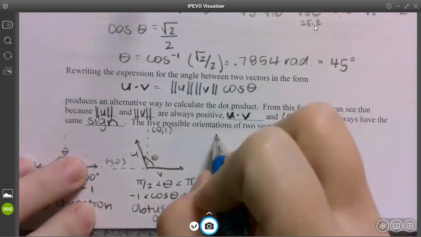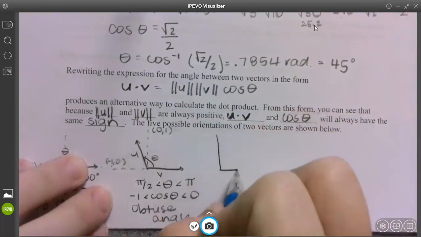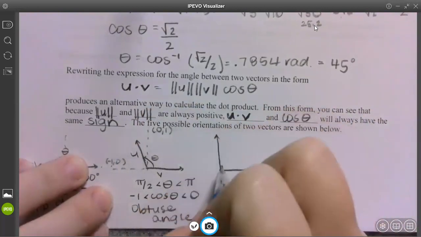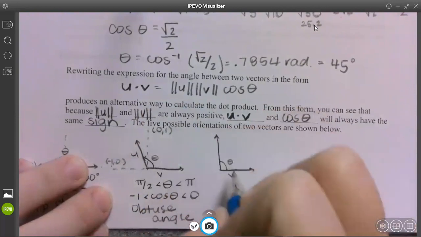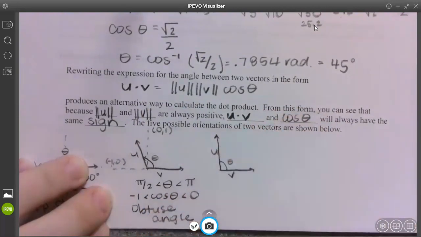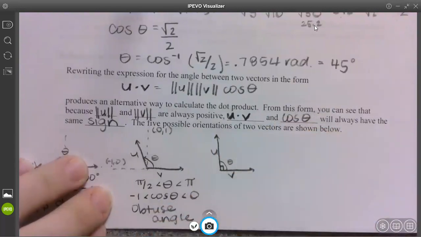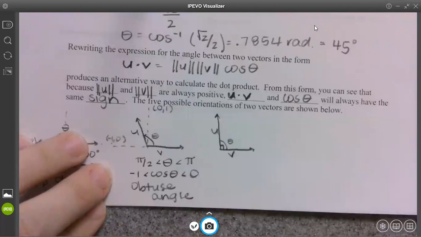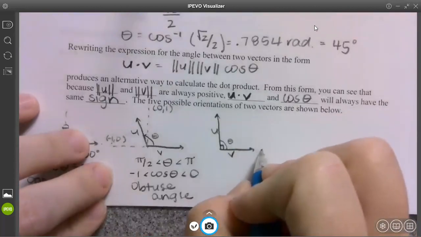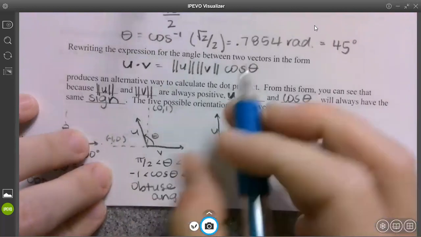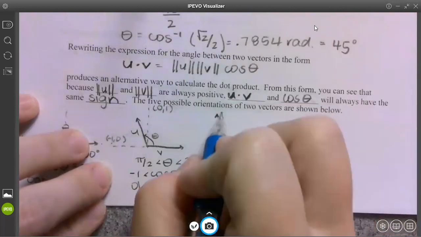The next one is directly 90 degrees. Directly 90 degrees. And I'll put a little box in here just for you guys so you can see that it's 90 degrees. So this 90-degree angle, remember this is 0 radians or 0 pi.